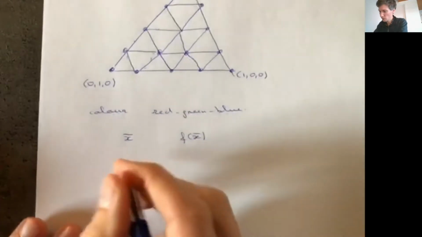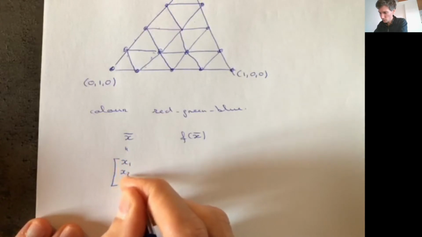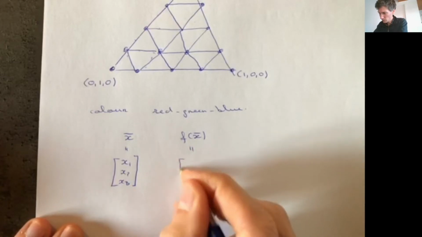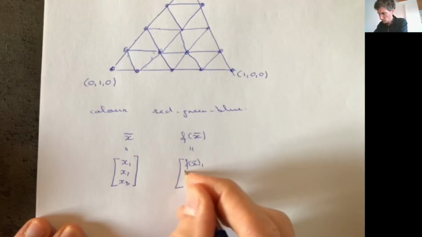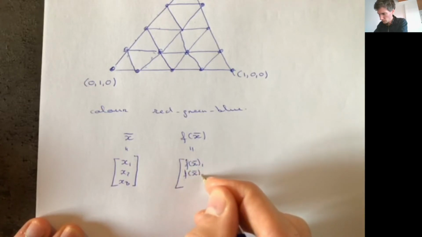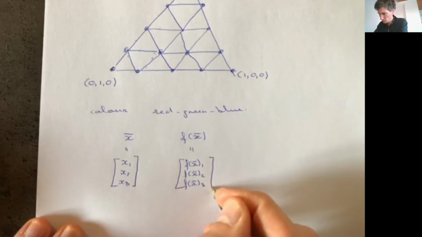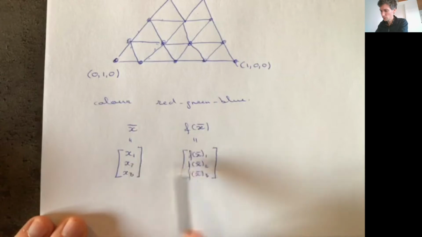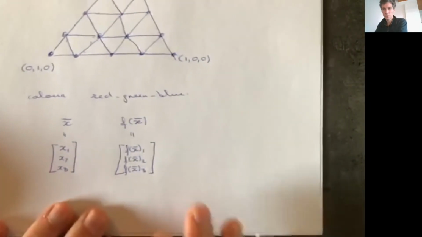Now these consist of 3 numbers, x1, x2, x3, and f of x consists of f of x1, f of x2, and f of x3. I'm going to compare these two numbers, and these two numbers, and this will determine my colors.